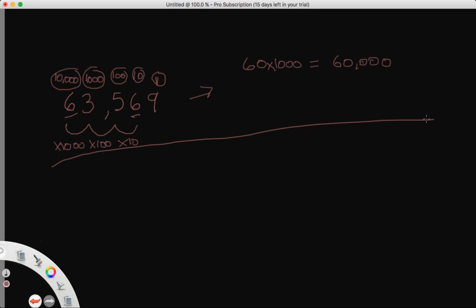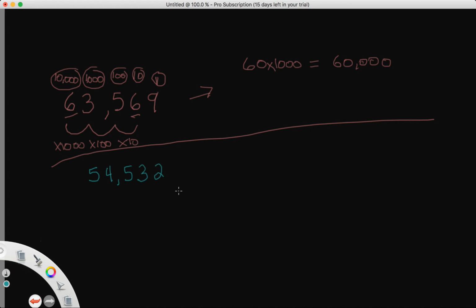So I'm going to draw a line here. And now I'm going to give you a new digit. Using this new digit, I want you to follow the same steps. So this time I'll make it a 5. I'm going to keep a 5 here this time rather than in the tens place.